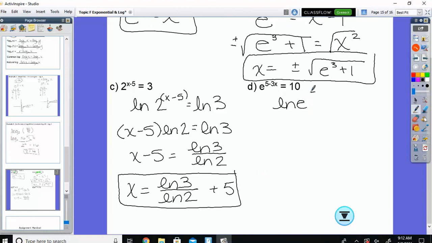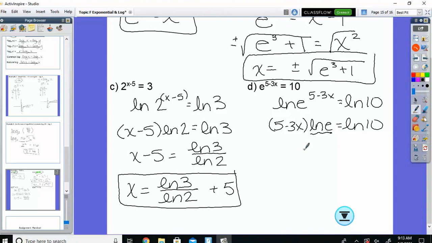Okay. All right. What happens if we have a natural log and an e? They cancel. A natural log is a log base e of e. Or another way to think about it, if I bring down this exponent, this right here is like saying e to what power equals e, which is just 1.